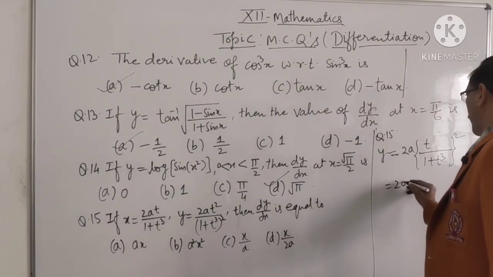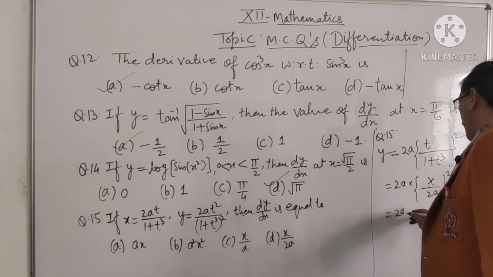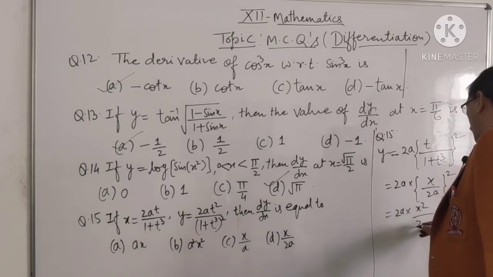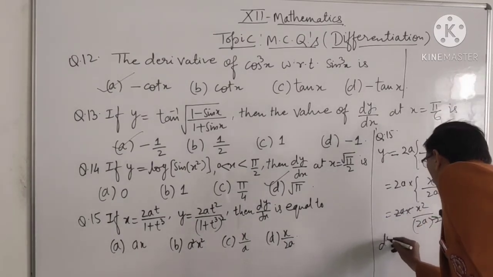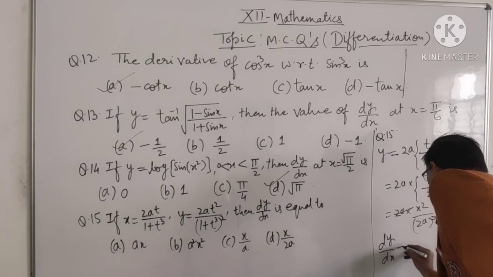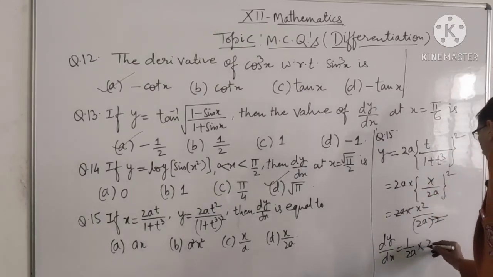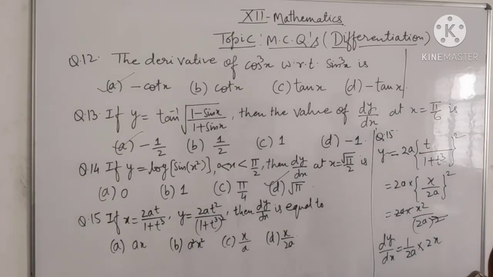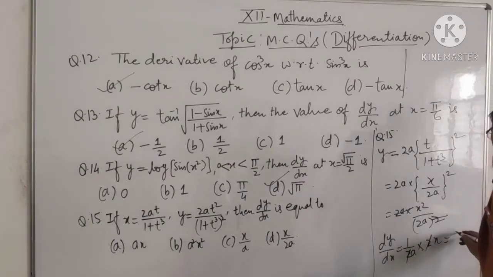So it is 2a into (x upon 2a) whole square. Then dy over dx is 1 upon 2a and the derivative of x square is 2x. So here 2 cancels and the result is x upon a.